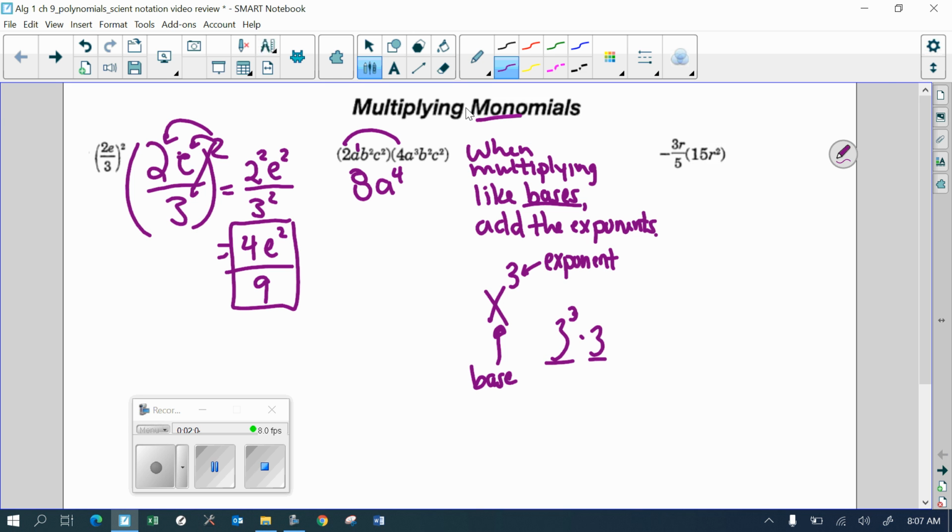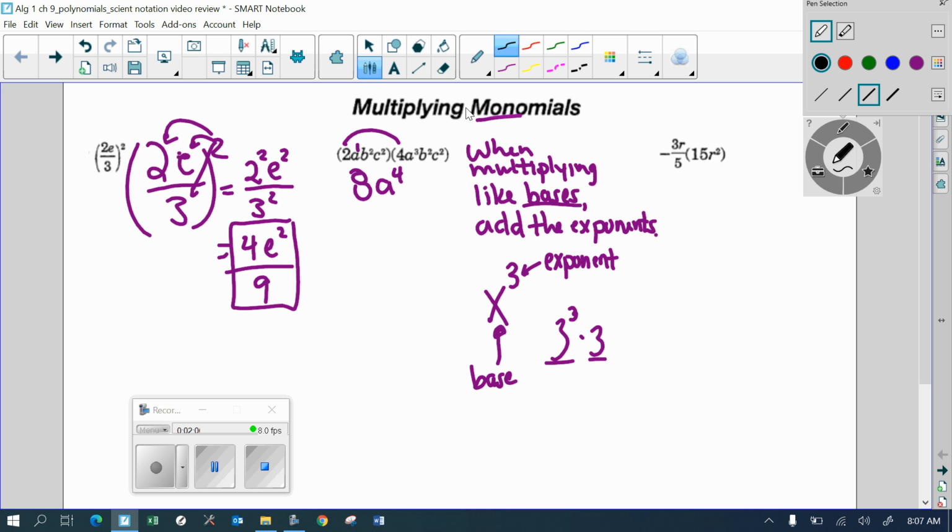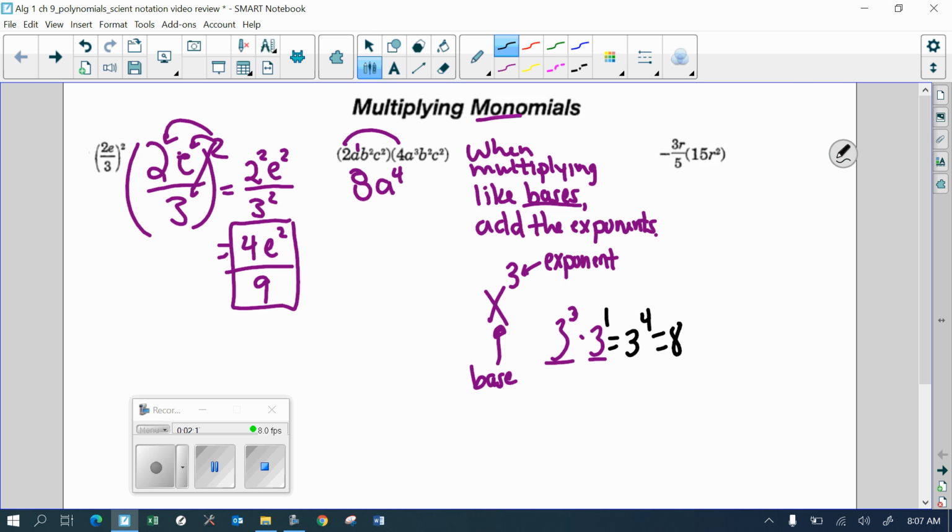Remember, they expect you to know that has an exponent of 1 on it. And so 3 cubed times 3, what does it tell me to do? Add the exponents. So it's 3 to the 4th. And if they ask you to simplify that, 3 to the 4th is 81. 9 times 9 is 81. 3 squared is 9, and that 3 squared is 9.